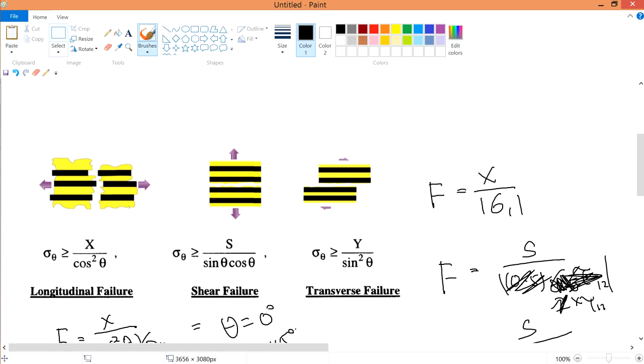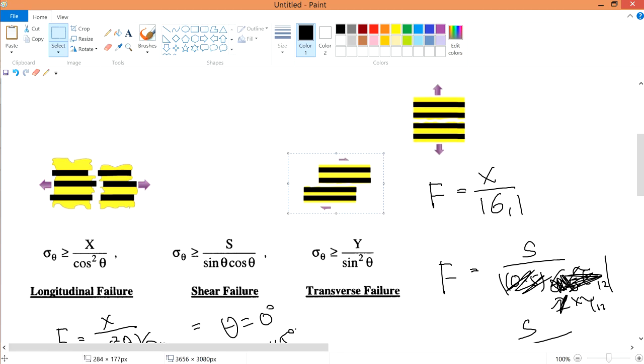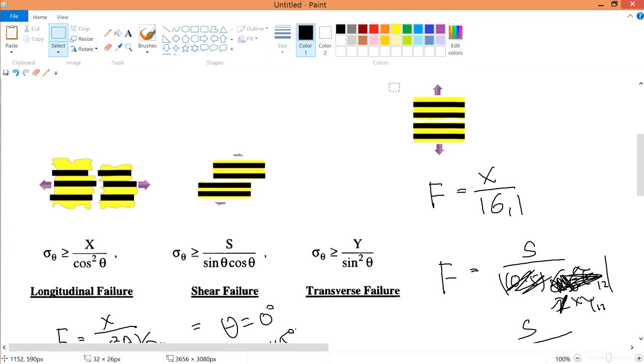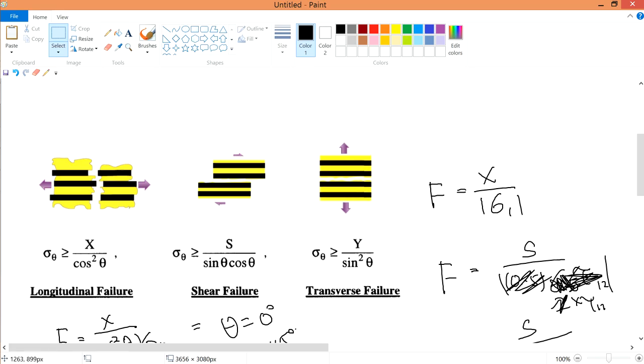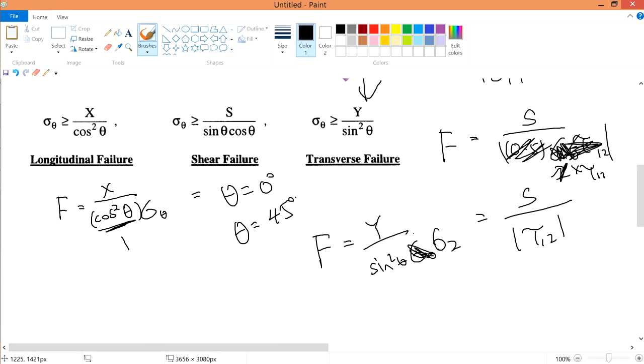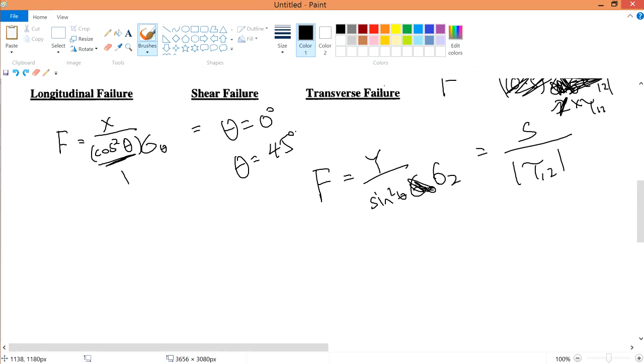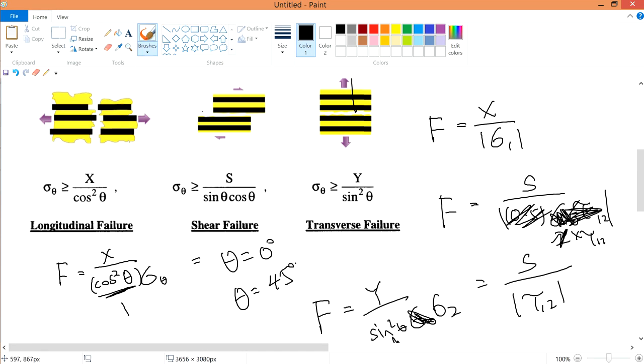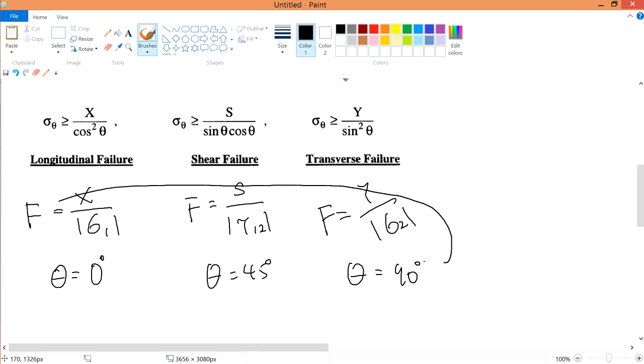In fact, the diagram is also drawn wrongly; it should be in this direction. Yeah, that is better, otherwise I find it very weird. This is in the y direction. So this is equal to 1, and therefore f is equal to y divided by sigma 2.